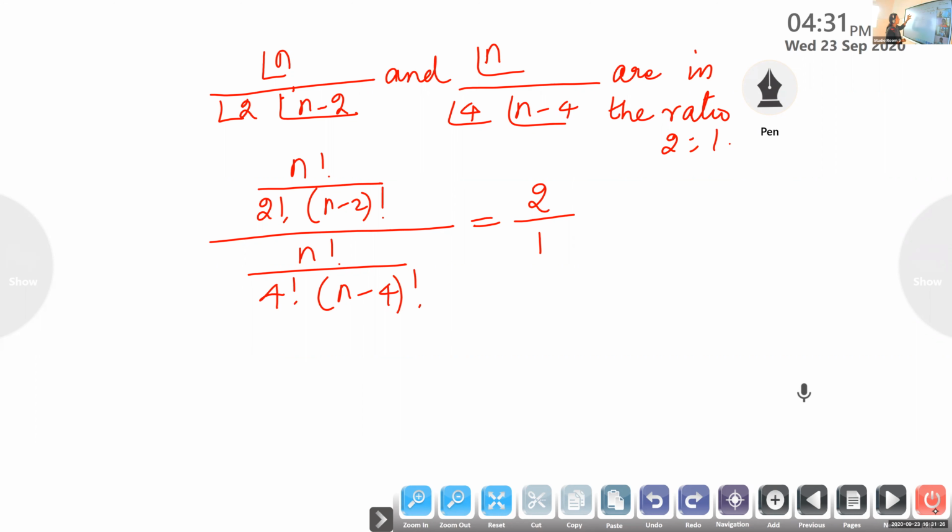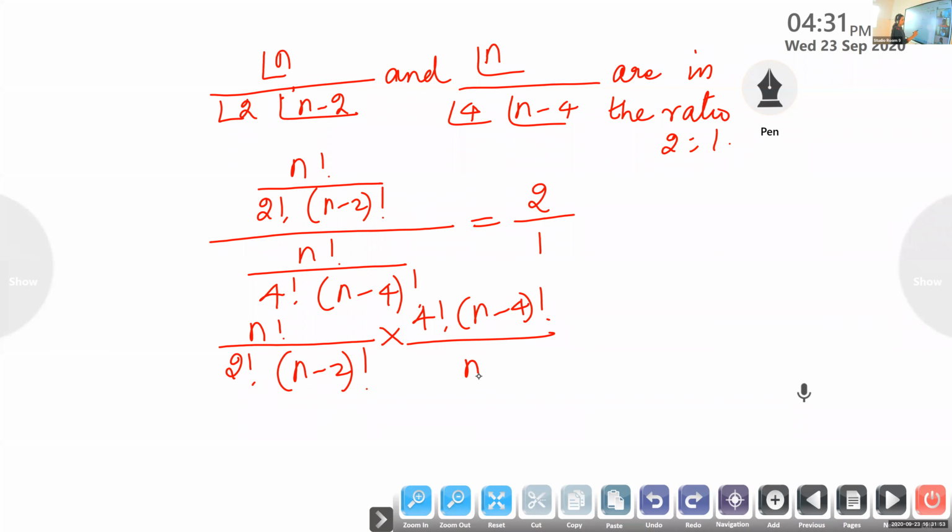Division of fractions means multiplication by the reciprocal. So we can write n factorial by 2 factorial into (n minus 2) factorial, into 4 factorial into (n minus 4) factorial by n factorial, is 2 by 1.